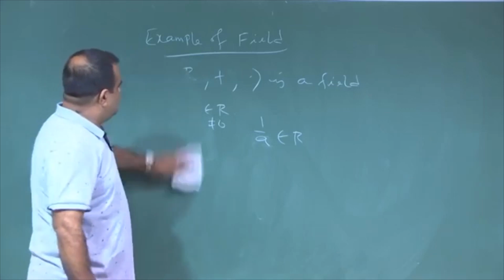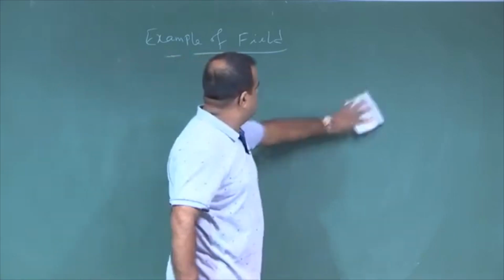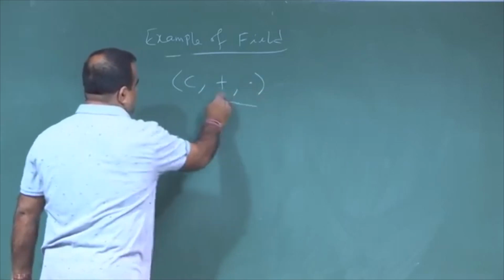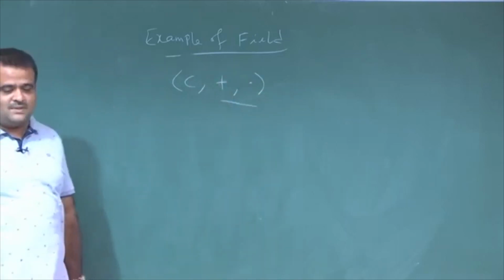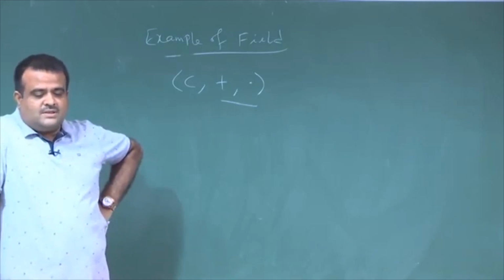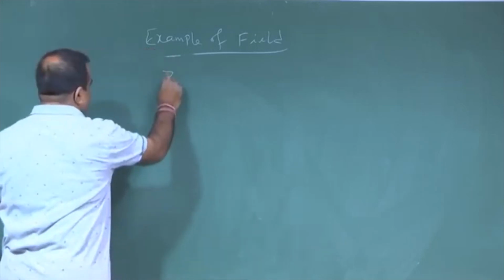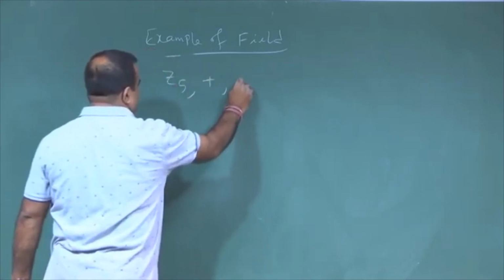Even the set of complex numbers is a field, with complex number addition and multiplication. Now, Z5. We know Zn, Z5, this is a field.